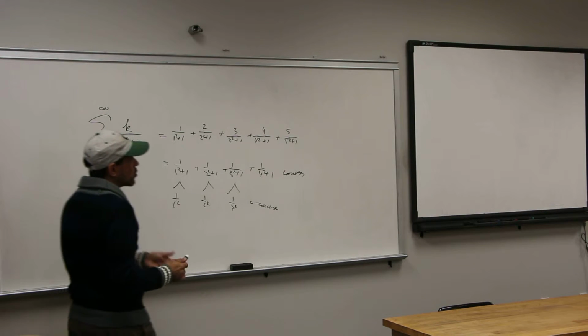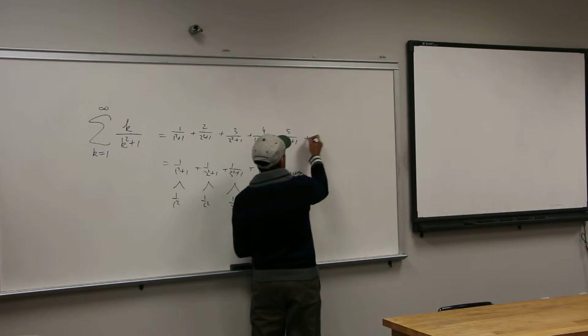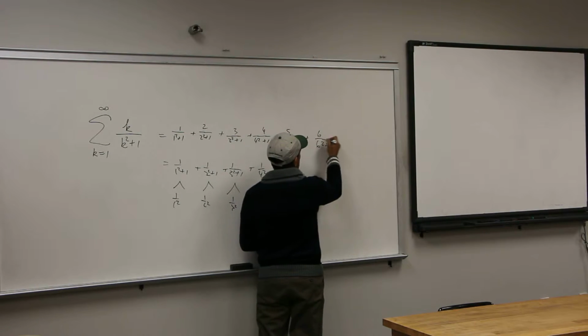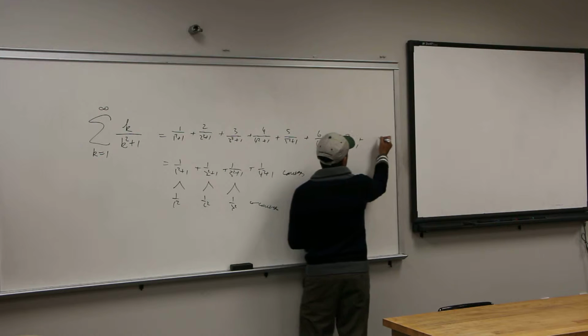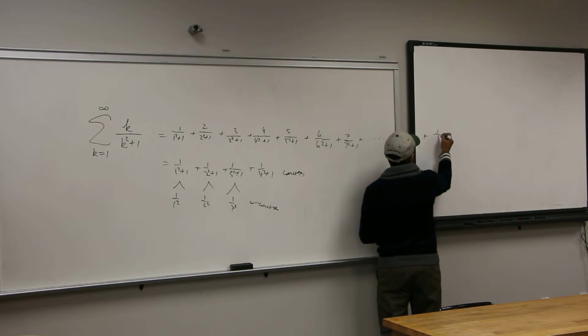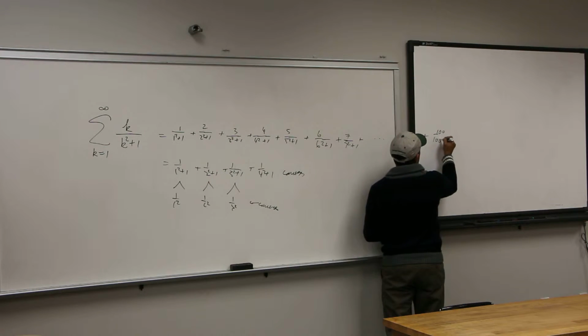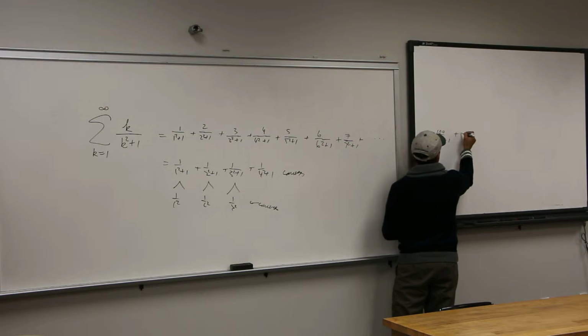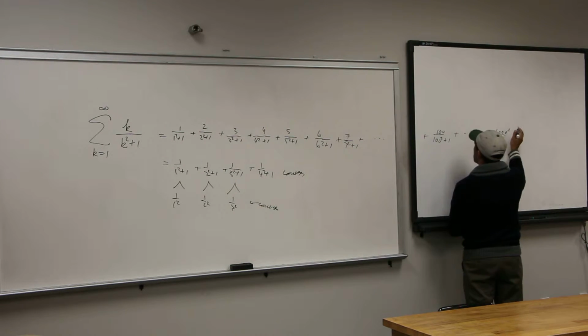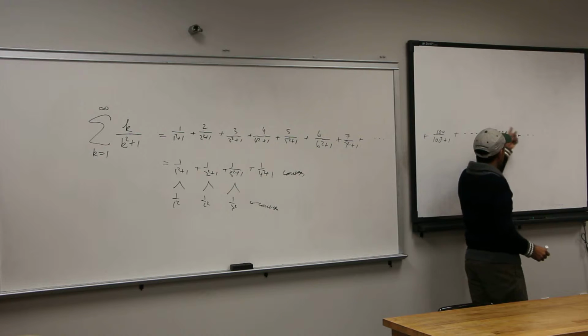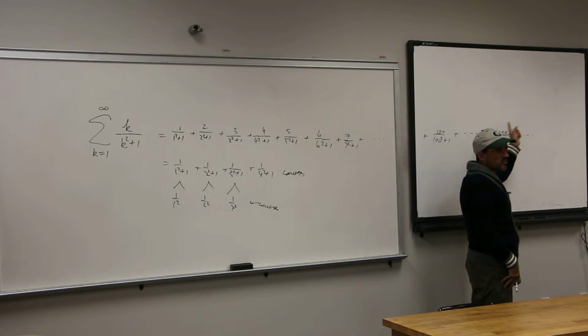What is going on here? If you look at, let's say you go to 6. You keep going, you can go 100 over 100 squared plus 1, plus 1,000 over 1,000 squared plus 1. Now what does this look like? It may look like 1 over 1,000.